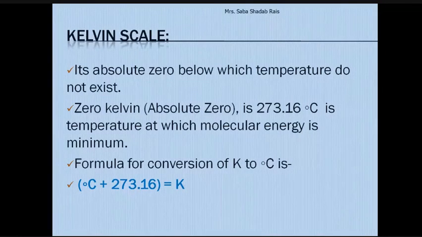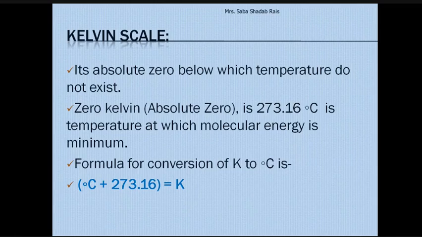So 0 degrees Celsius is equal to 273.16 K, and 100 degrees Celsius is equal to 373.16 K.